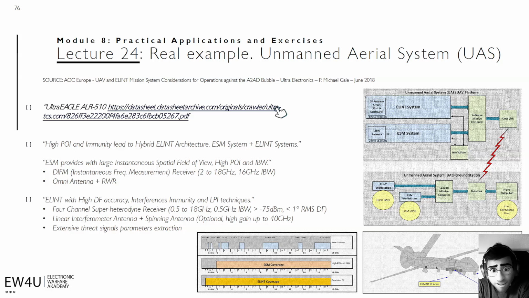When it comes to sensors, we would be talking about linear interferometer antennas plus a spinning antenna, which can go all the way up to 40 gigs. The third bullet point related to ELINT is extensive threat signal parameter extraction. That's basically the big advantage of ELINT.